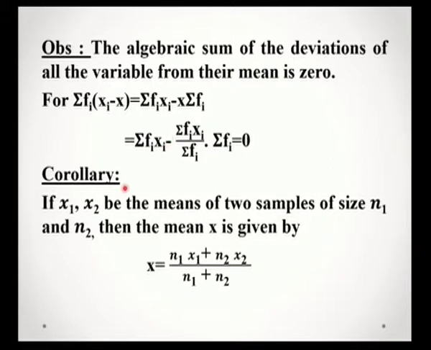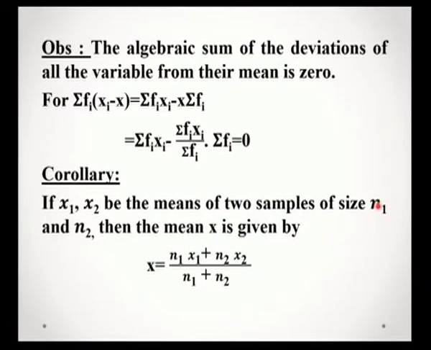Then a corollary about that arithmetic mean. If x1, x2 be the means of two samples, for example, x1 can be a mean of marks of 10 students in mathematics, and x2 can be a mean of marks of 10 students in science. Then size of sample is n1.